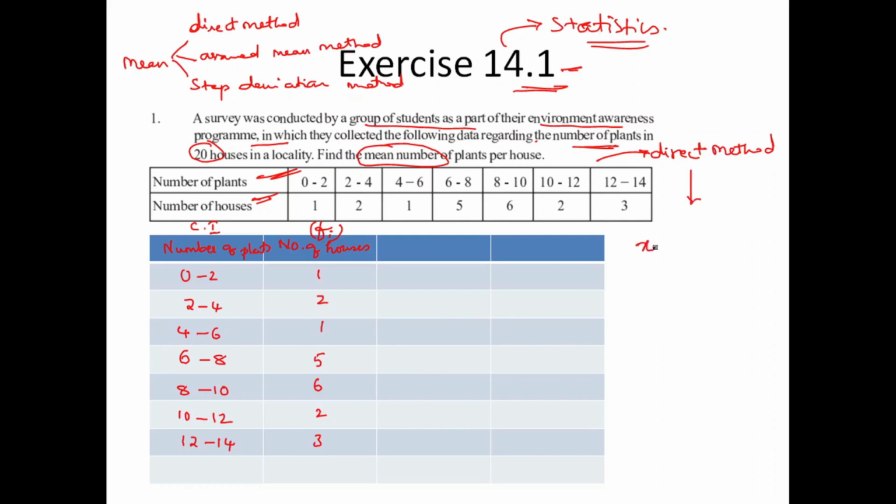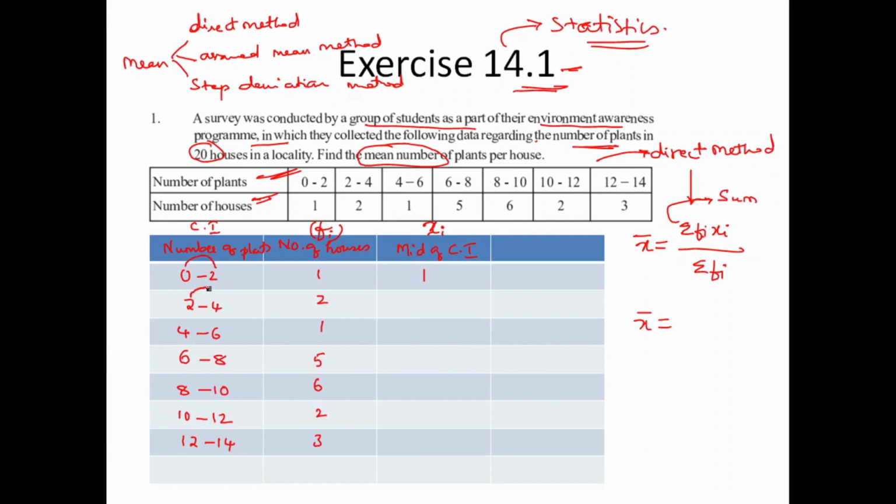The mean is denoted with the letter x bar, and the formula is sigma of f of i into x of i, divided by sigma of f of i. Now, what is x of i? The number between these two numbers is 1.